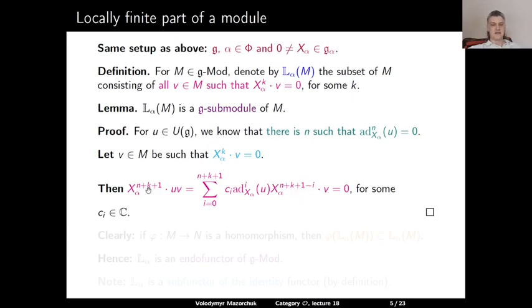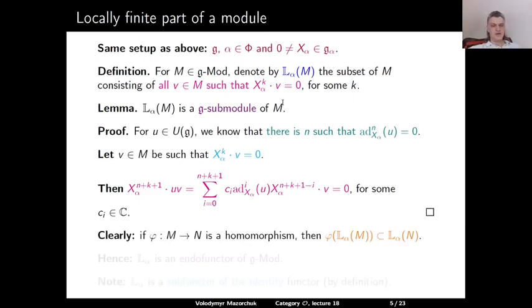Since our power n plus k plus 1 is chosen to be very big, either the image of v under this power of x alpha is 0, or alternatively, the ith power of the adjoint operator of x alpha applied to u is 0. So all summands of this big sum are 0, so we get 0, which proves our lemma.